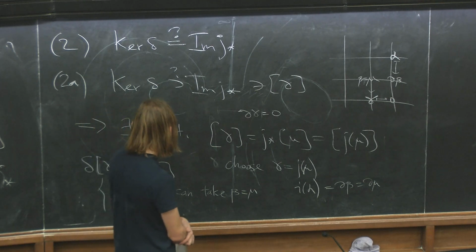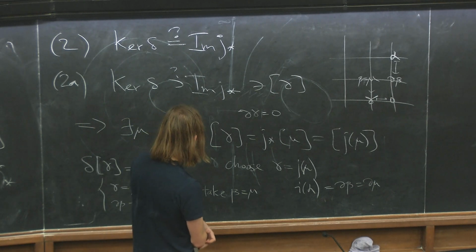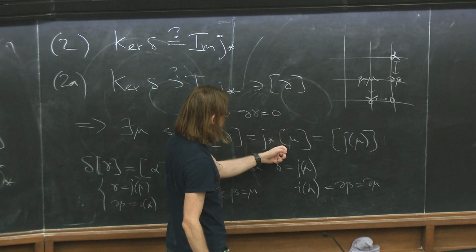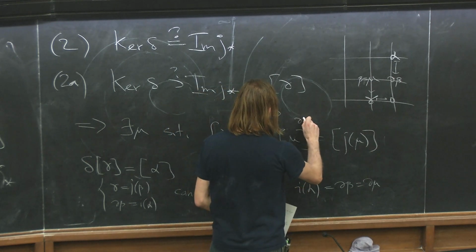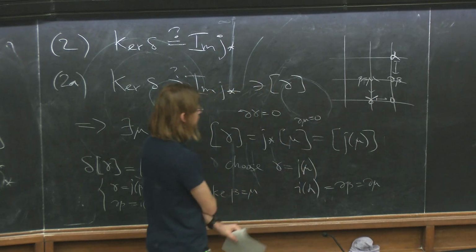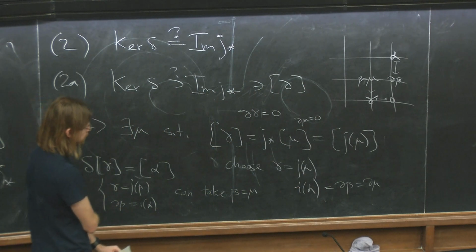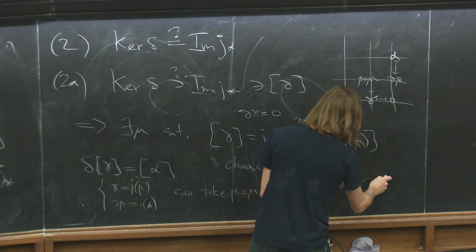But we know that mu actually represented some element in the homology. This means that d mu was necessarily 0.